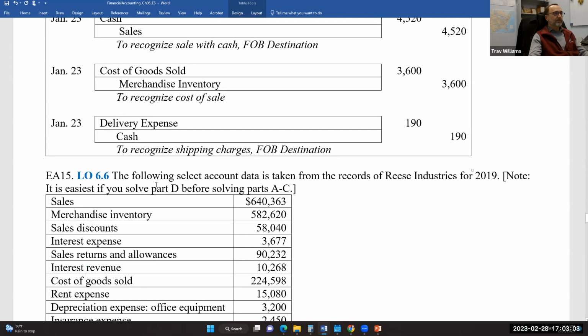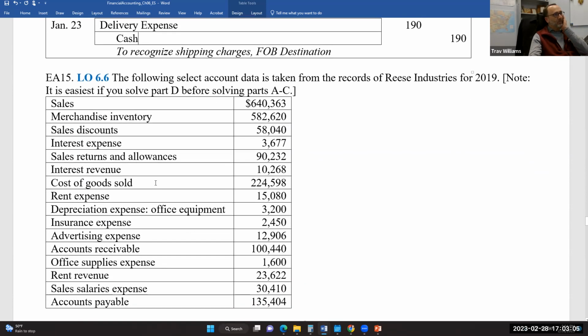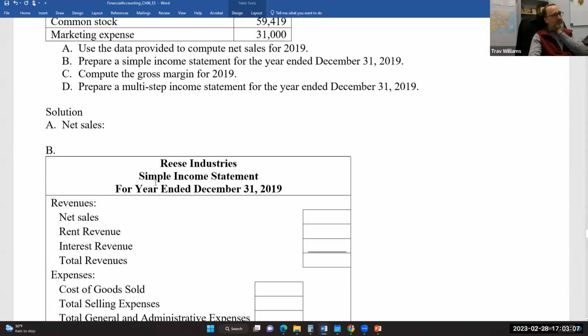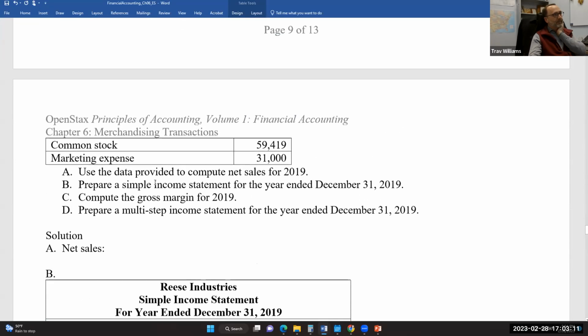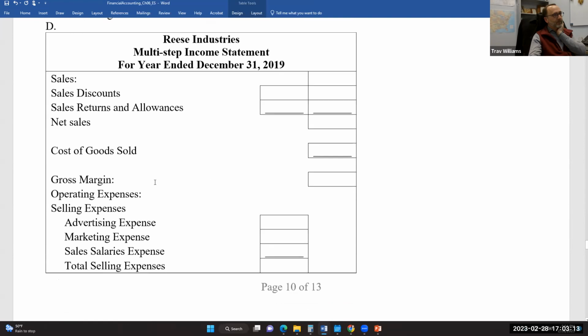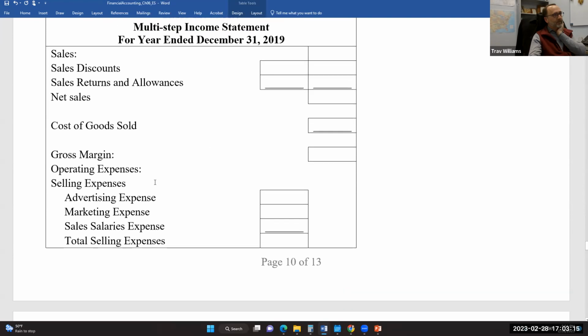All right, number 15. So this one's a little different. We're going to make what's called a multi-step income statement. We can see that here.